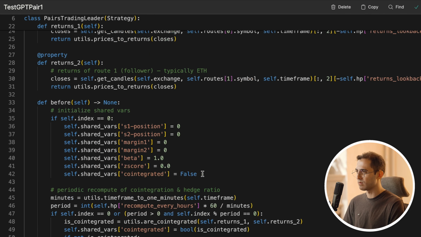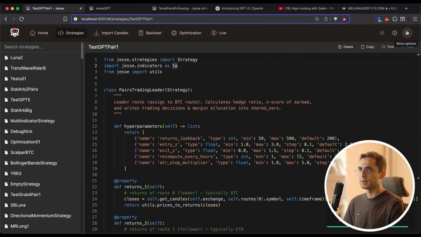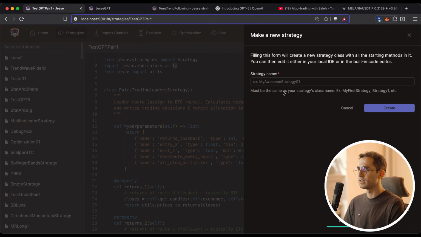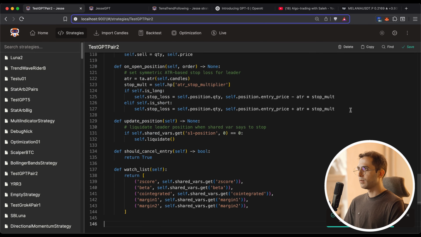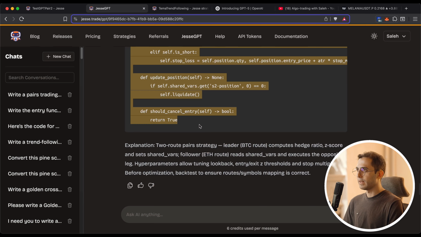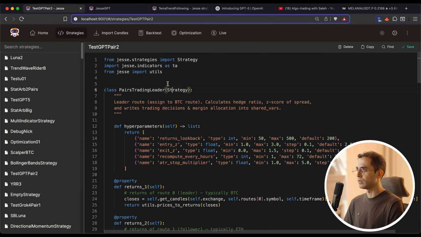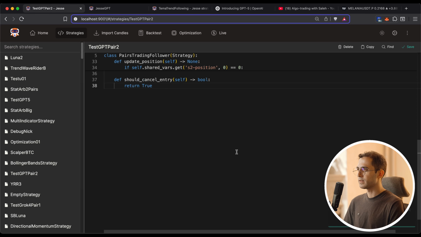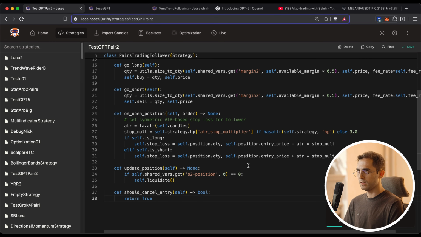So I don't know if this will work, but it's not really the model's fault, I guess. Let's make sure this is saved and then define the second one, test GPT pair 2, paste the whole thing. And this time I only want this second class. So let's paste it. And this also seems fine to me.